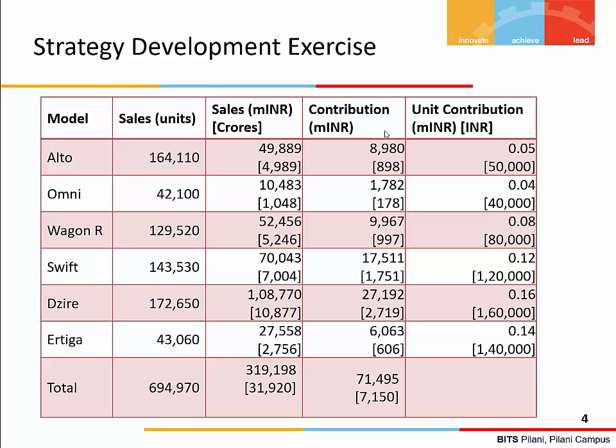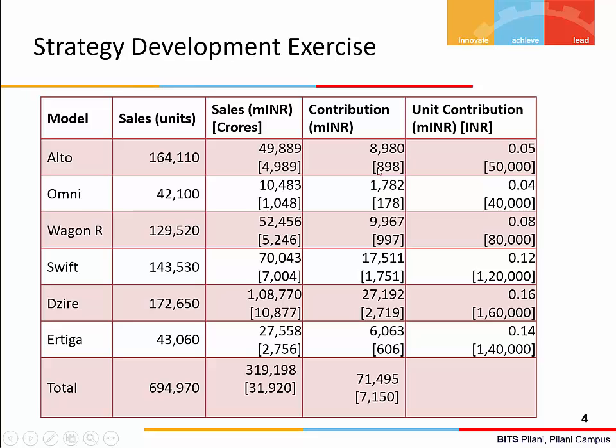This may not be a very precise definition from a financial perspective, but for our discussion this could be good enough. So by selling 164,000 units of Alto, Maruti generated a revenue of about 5,000 crores and a contribution of about 900 crores.